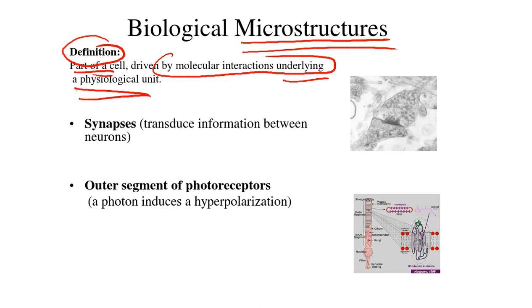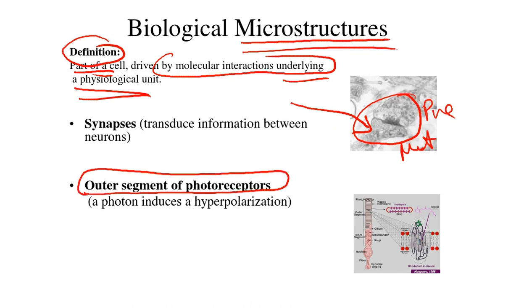An example is a synapse, the structure that mediates information between pre and post neuron, and here you have a specific microdomain that defines it. The outer segment of the photoreceptor is another example, where the goal is to transduce a photon arriving into a cell hyperpolarization.